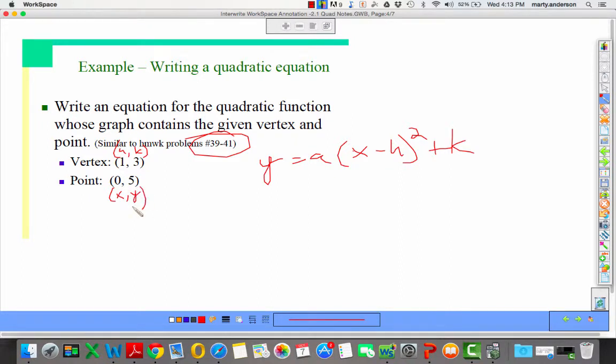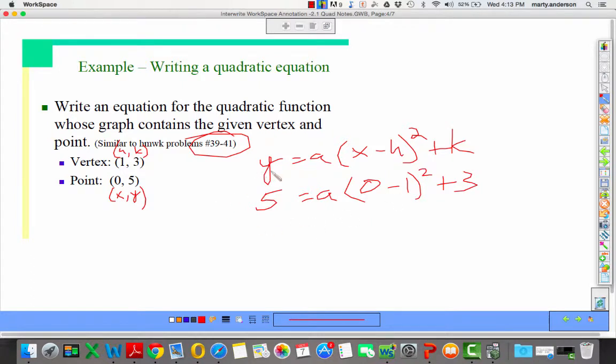And much like if you were given 2 points, calculate the slope, find the equation of the line, you use one of those points to find what's missing in a linear equation. We are going to plug in 5 for y. We are searching for a. x is 0, h is 1, k is 3.